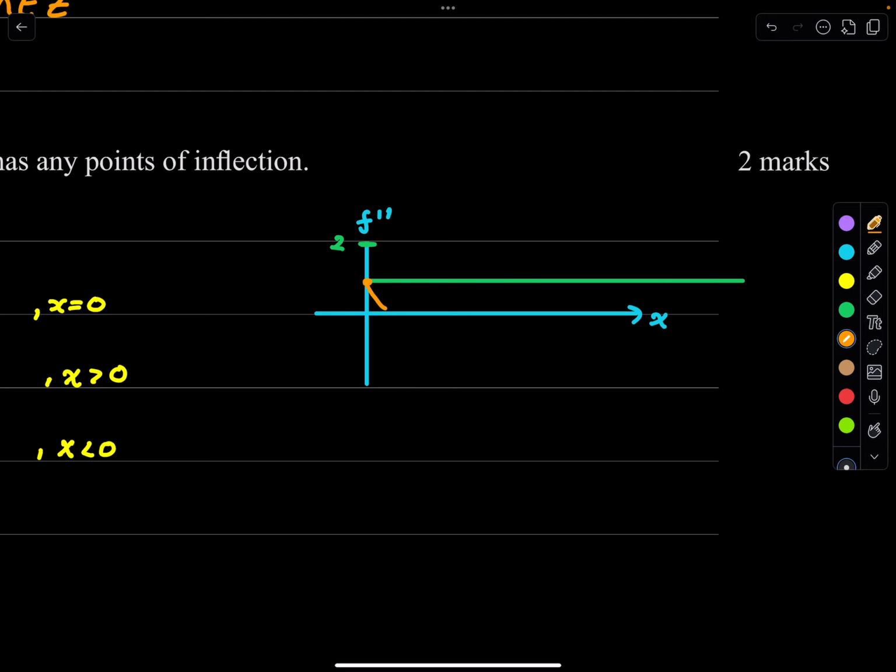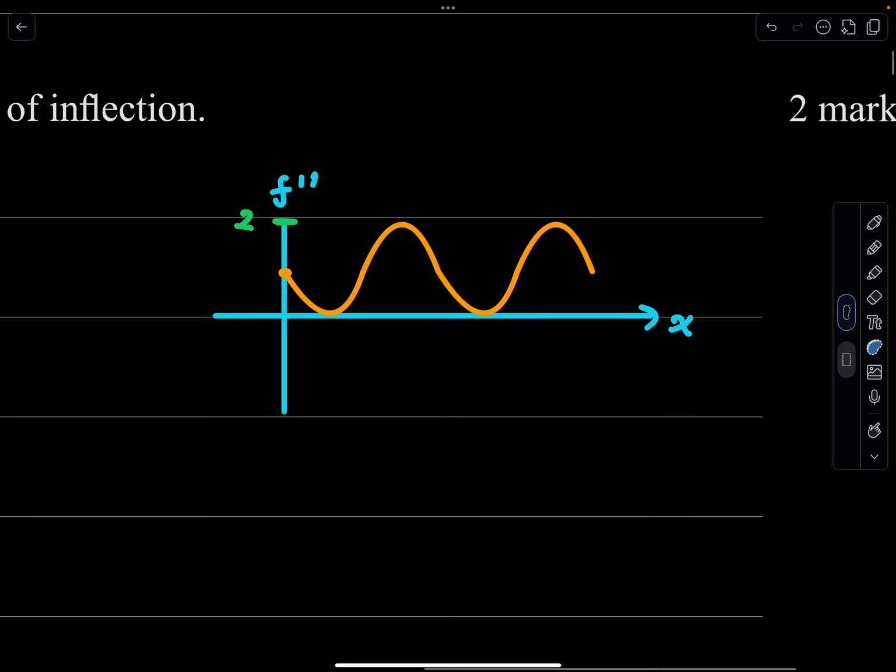Okay, and then like that. There it is, this is our graph. Of course, this is 1.